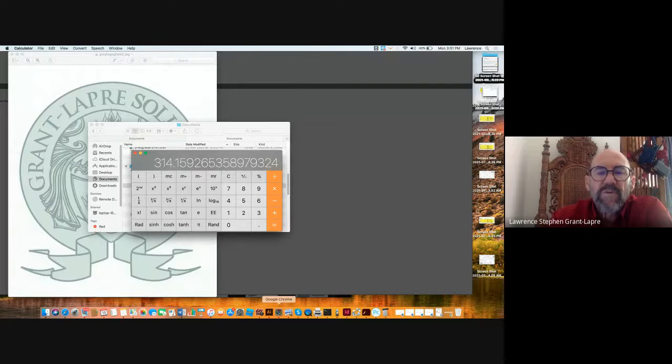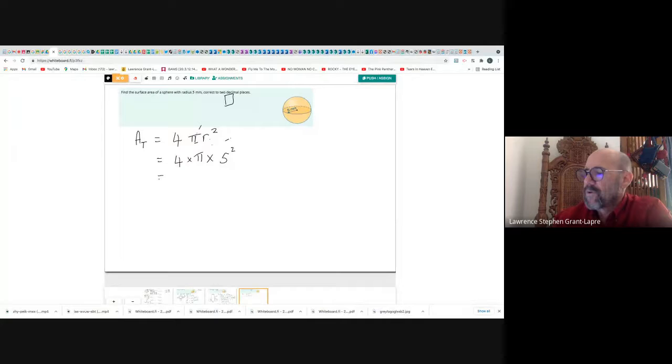314.1592 and so on, and we want 2 decimal places, so that is 314.16, and it's square millimeters, because it's millimeters, and that's 2 decimal places.